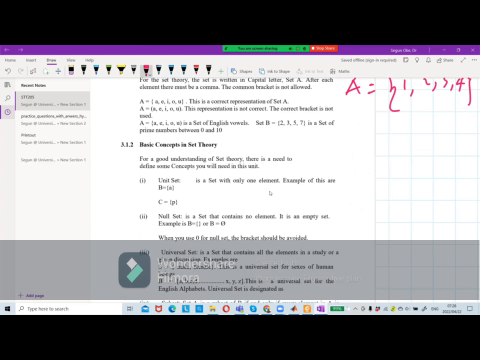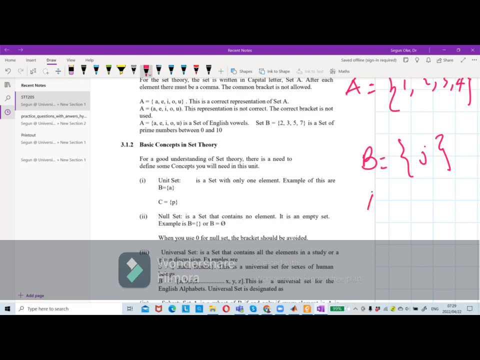Yes, we have different basic definitions. When we're talking about a unit set, it is a set with only one element. For example, B equals the set J, meaning that's a unit set.